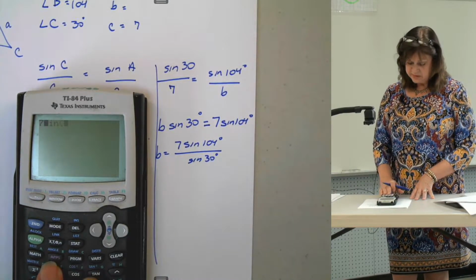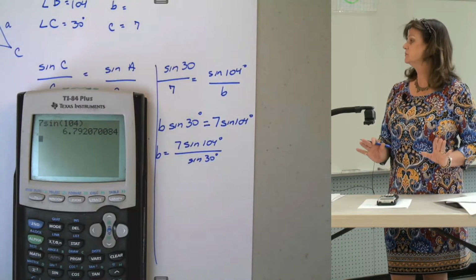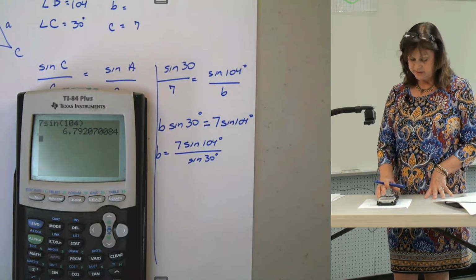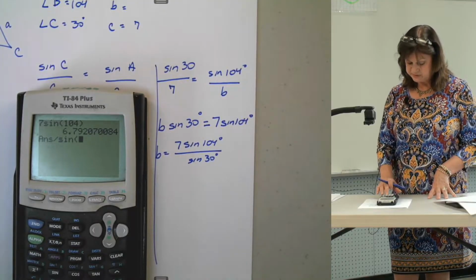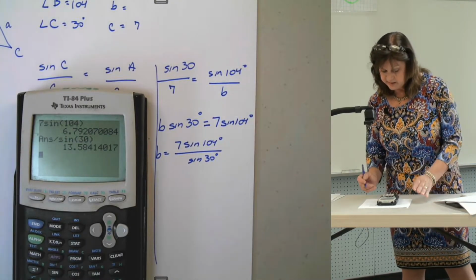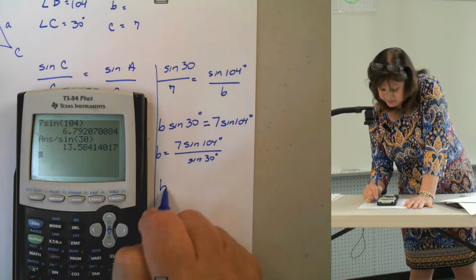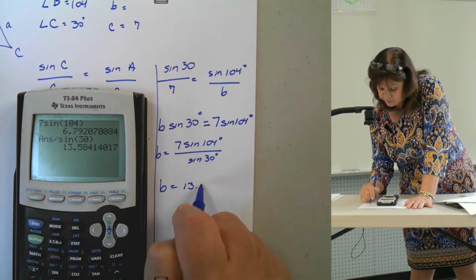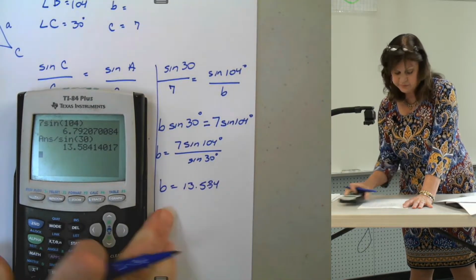Every time I would evaluate the numerator, then divide it by your denominator. We know it's going to be times 2 because it's divided by a half. So the length of side B is 13.584 units.